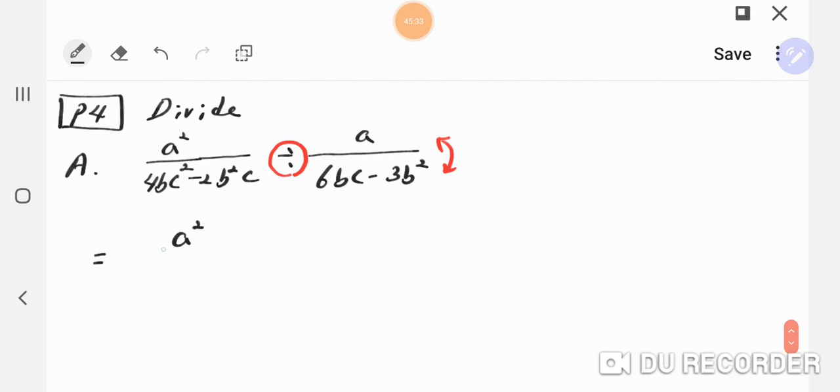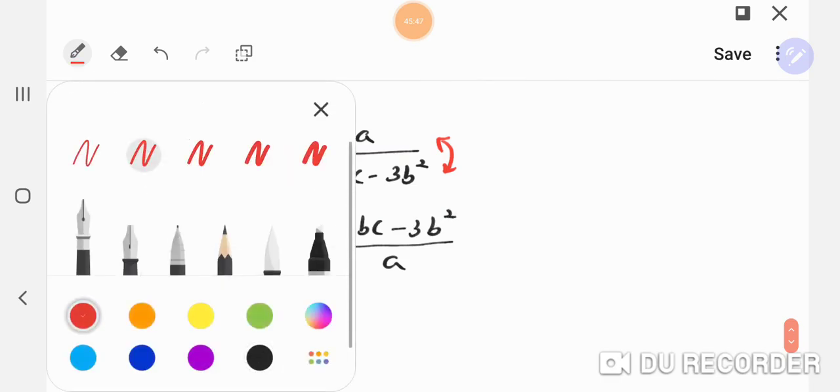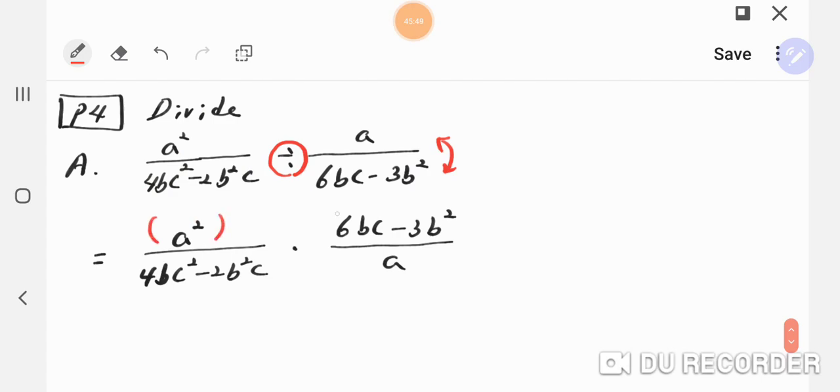So a squared over 4bc squared minus 2b squared c multiplied by the interchange. So a goes to the denominator and the denominator goes to the numerator. And then what do we do next? We have to factor each part and then multiply. Okay, factor each part and multiply.